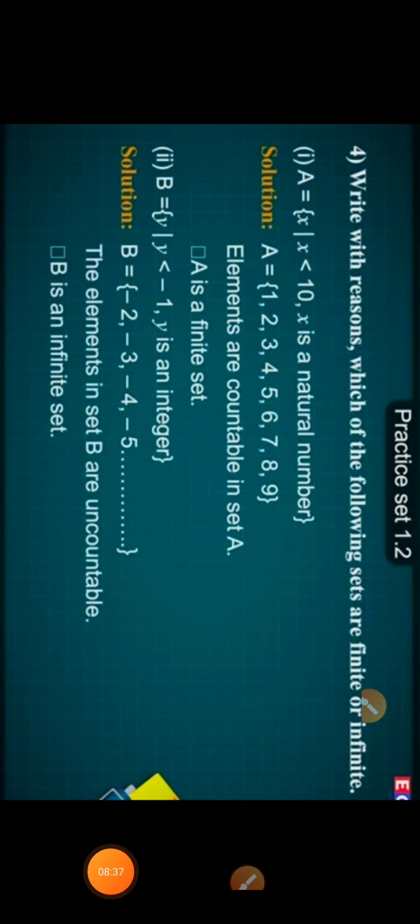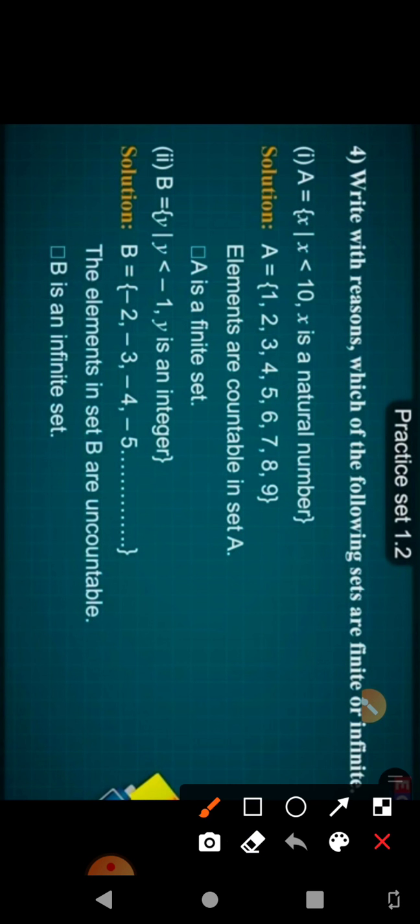Now question number 4. Write with reasons which of the following sets are finite or infinite. A is equal to x such that x is less than 10, x is a natural number. So we'll write all the natural numbers, but it is given less than 10, so we'll stop at 9.